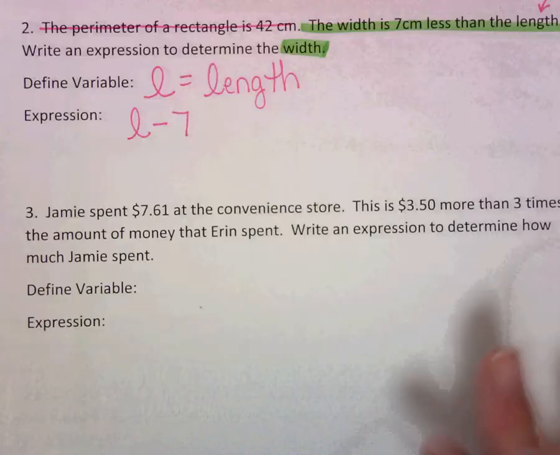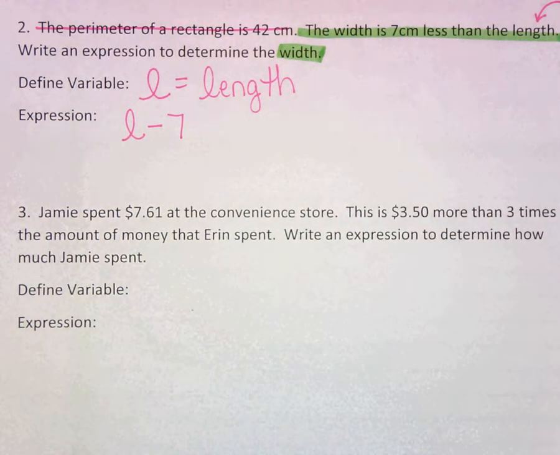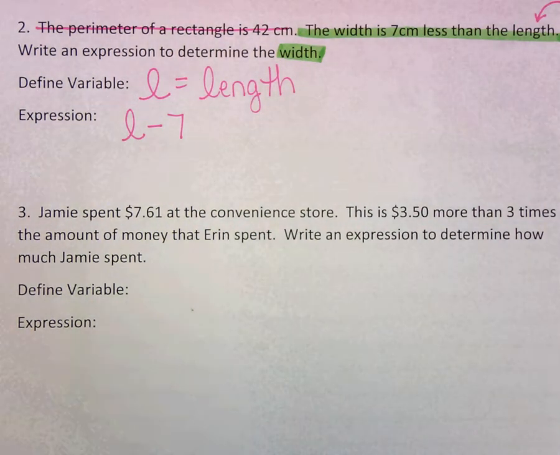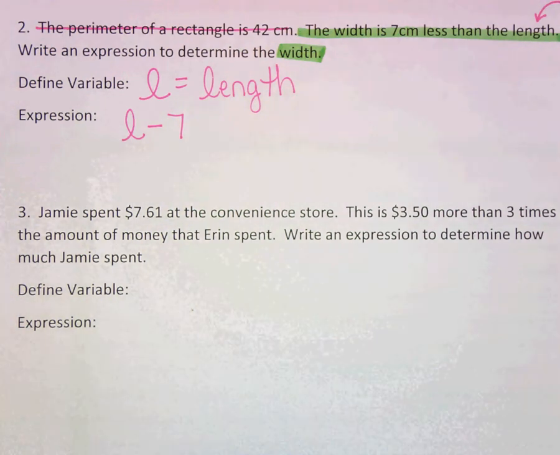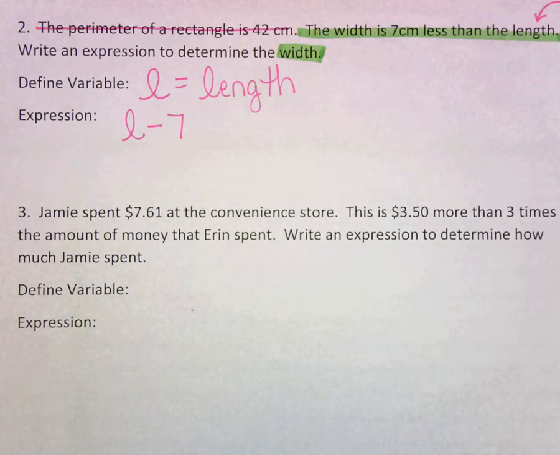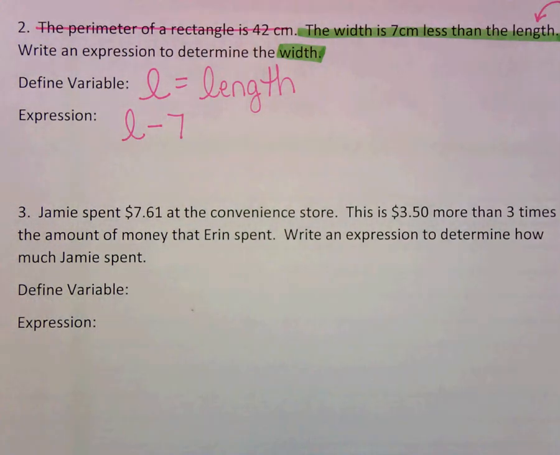Okay, let's look at the next example. Jamie spent $7.61 at the convenience store. This is $3.50 more than 3 times the amount of money that Aaron spent. Write an expression to determine how much Jamie spent.